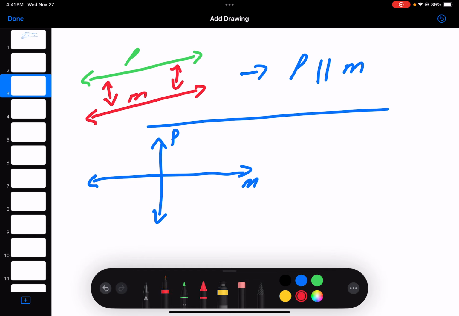We can make a little 90-degree angle sign, and basically this little square, this red square, means that there's a right angle, a 90-degree angle. And the way we would write that those two lines are perpendicular to each other, we would write L perpendicular to M. Okay.